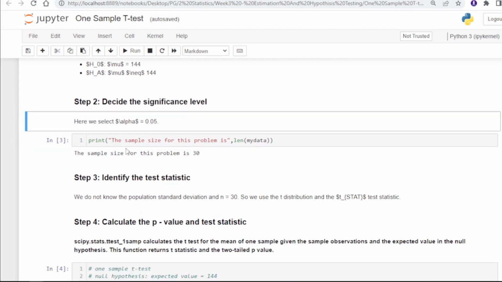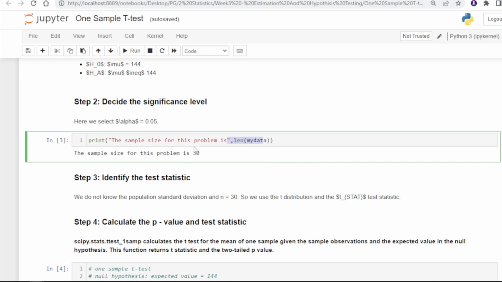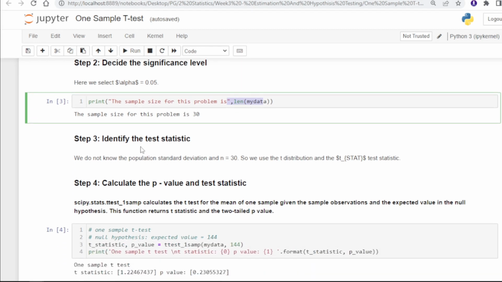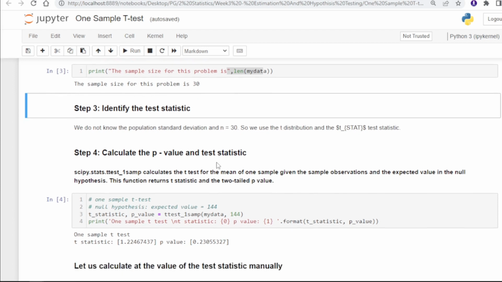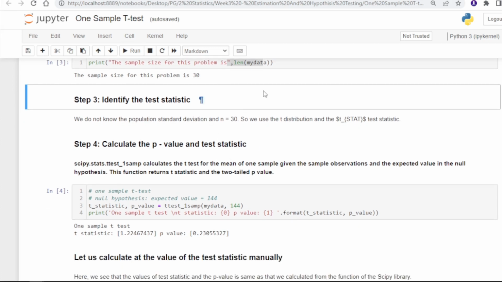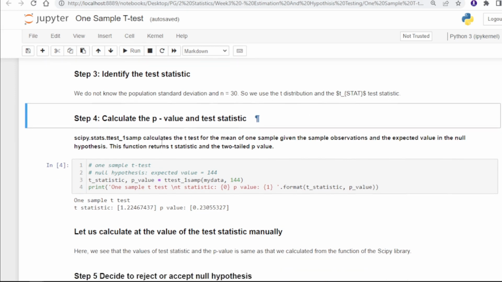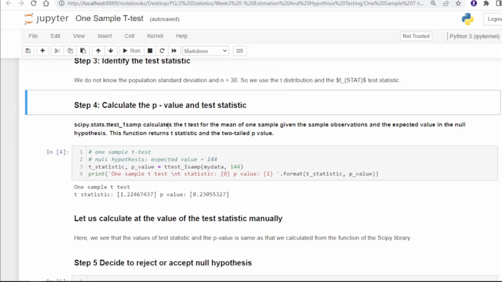Now the sample size for this problem is the length of my data, which in our case is 30. The next step is to identify the test statistic. We do not know the population standard deviation and n equals 30, so we use the t distribution, and the t statistic is our test statistic.